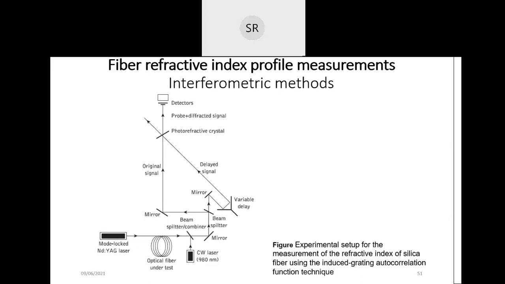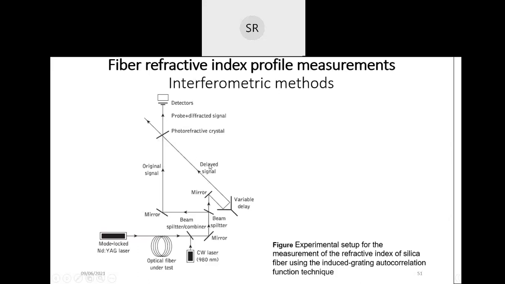And that photorefraction is a phenomenon where whatever signal is propagating through it gives us the local index of refraction. Then we will see a variation in the light intensity between the original signal and the delayed signal.